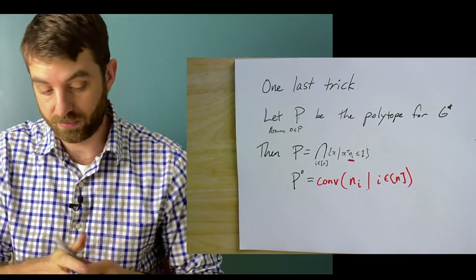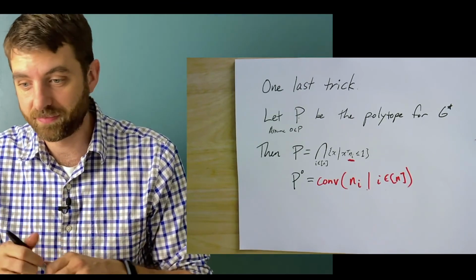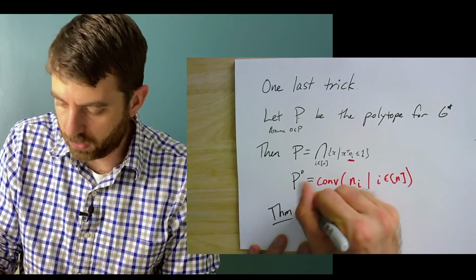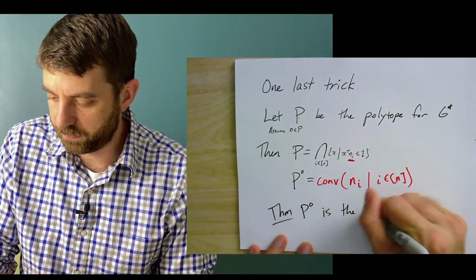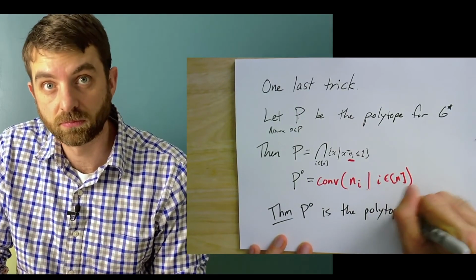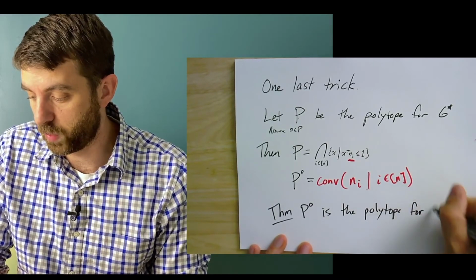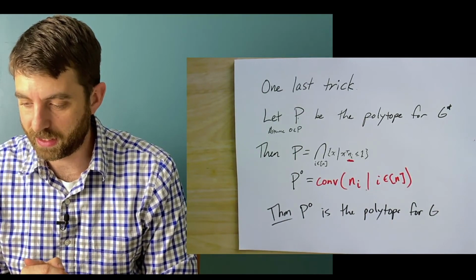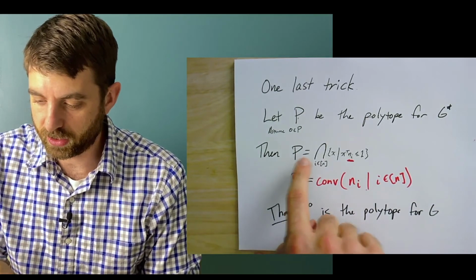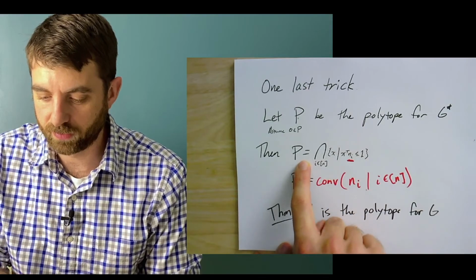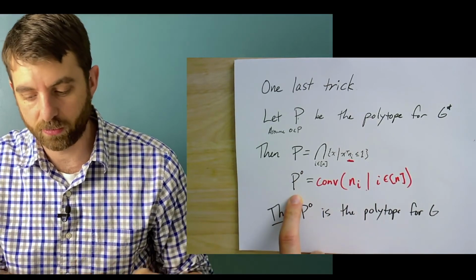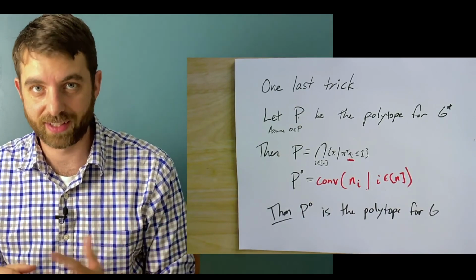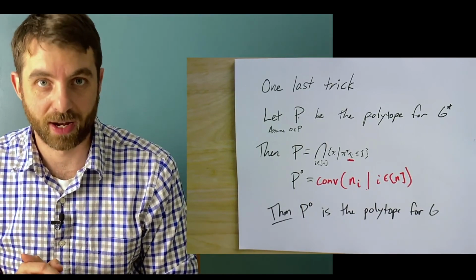And a really amazing theorem is the following. This P polar is the polytope for G. So when I took my graph and took the polytope for its dual, and I took the polar of that polytope, it turns out that the new polytope I get, as a graph, actually gets us back to G.